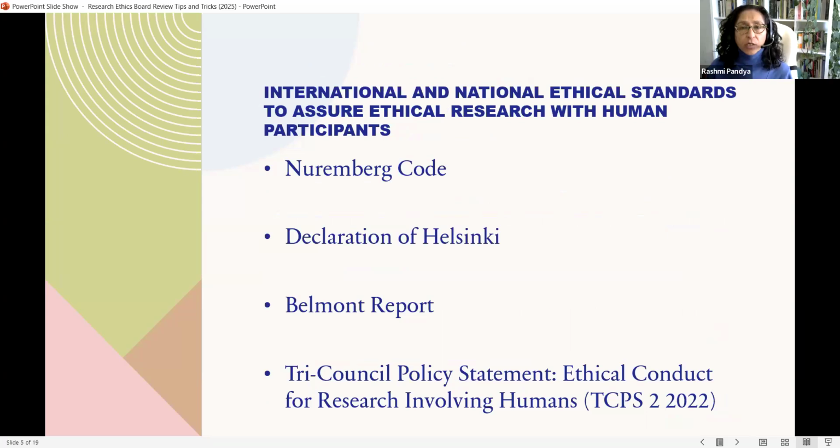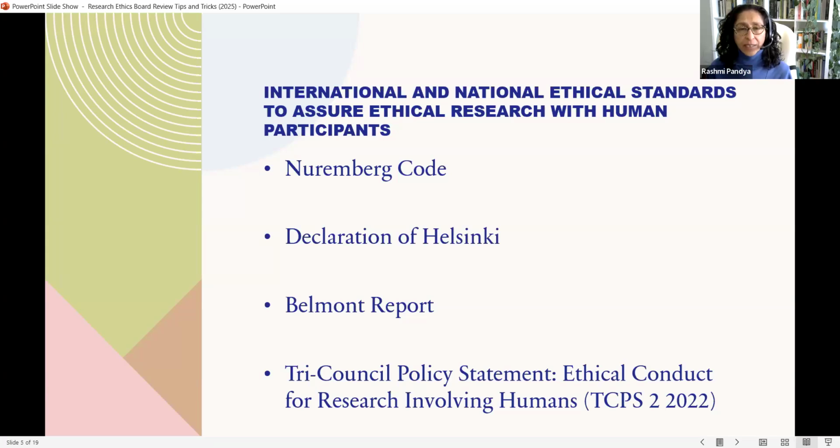Some of the international and national ethical standards that assure ethical research with human participants are the Nuremberg Code, which came out of what's called the doctors' trials after the Second World War, when it was discovered the doctors in concentration camps were doing research on prisoners.